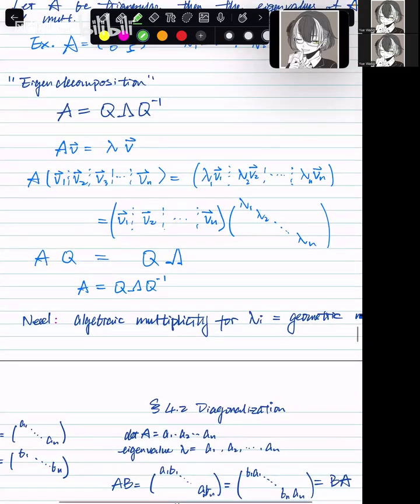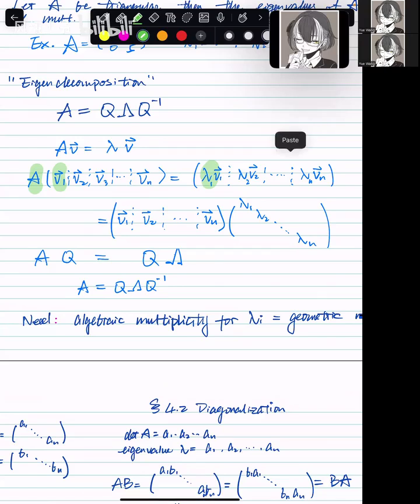On the right side, the first column is A times v1, which is equivalent to lambda 1 times v1. Same thing for A times v2, which is the same as lambda 2 times v2, because those are equal.